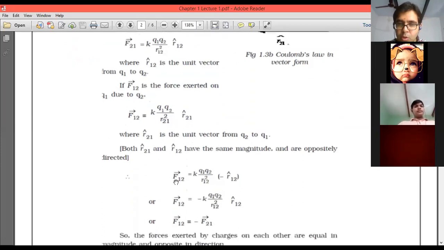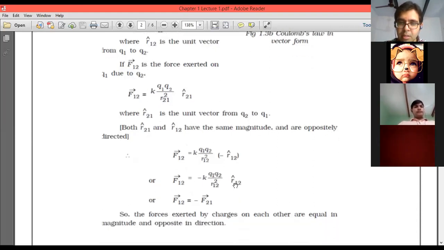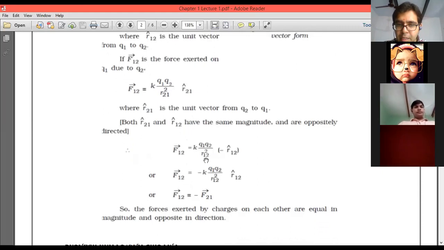That's what I have written over here. So the force on 1 due to 2 is equal to KQ1Q2 upon R21 square. In place of R21, I can write minus of R12 vector, because both R12 and R21 have directions opposite to each other. After solving it, the minus sign comes out, and it becomes minus KQ1Q2 upon R12 square multiplied by R12 unit vector.